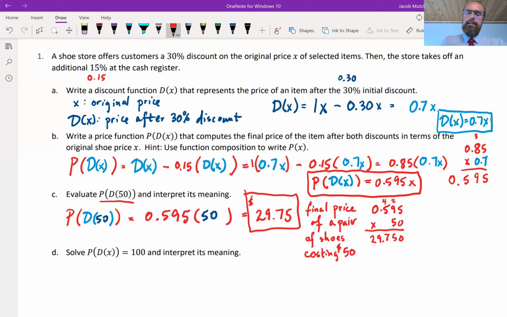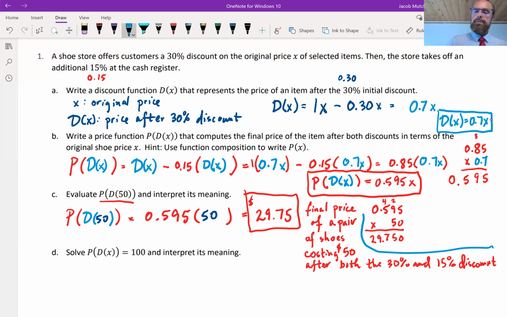And what we're looking at here is after both discounts. So after both the 30% and the 15% discount. So we found the number, but then what we need to do automatically is turn around and find that connection between the algebraic representation and the measurements that we're seeing in the real world scenario. So I'm gonna circle that statement, because again, that's a meaningful statement in bringing together the number $29.75 and what's happening in the shoe store.